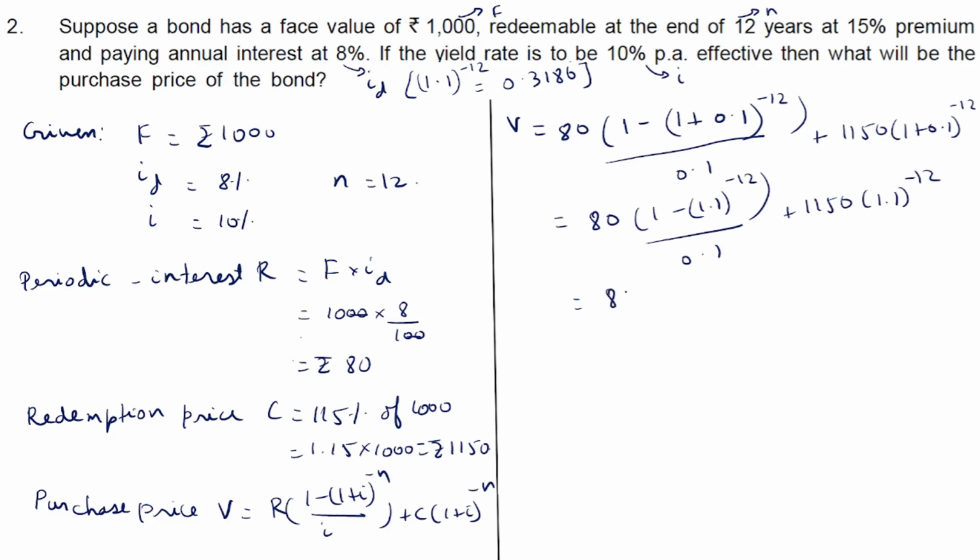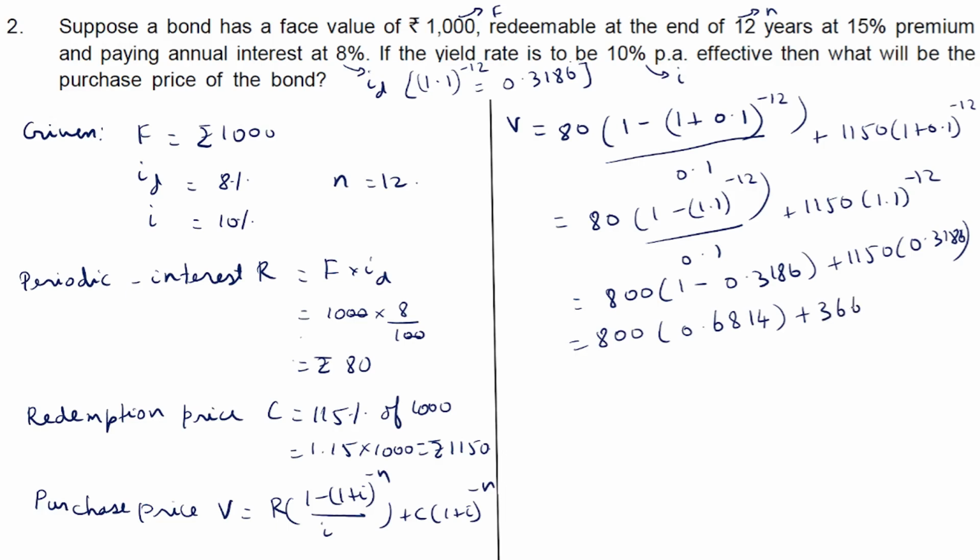Now 80 upon 0.1 is 800 into 1 minus 0.3186 plus 1150 into 0.3186. So this is equal to 800 into, here 1 minus 0.3186, it is 0.6814, plus 1150 into 0.3186, it is 366.39.